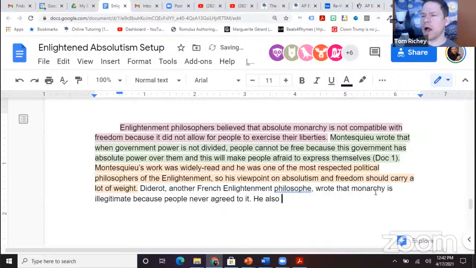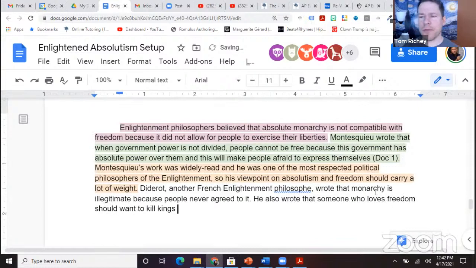He also wrote that someone who loves freedom should want to kill kings rather than obey them. And so we would look here at document 7.